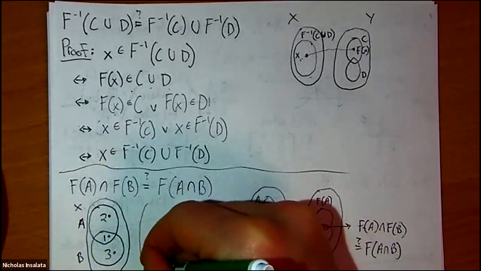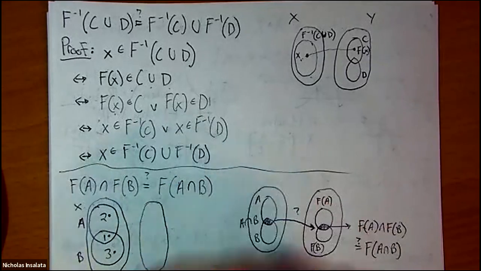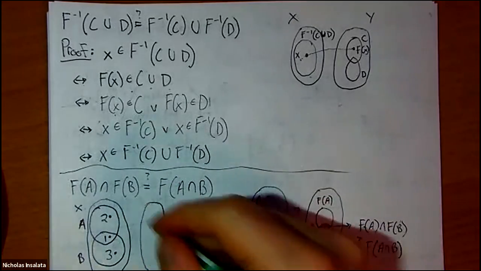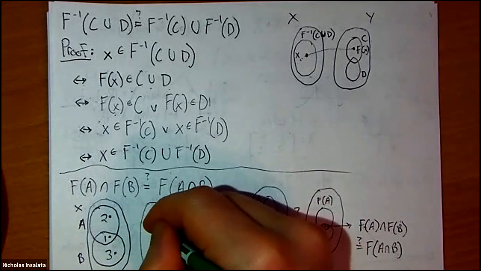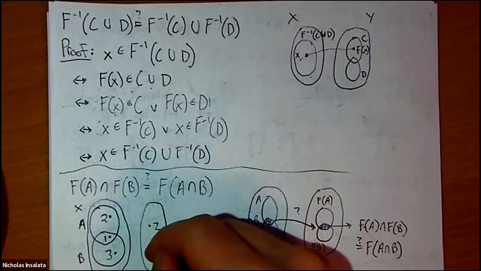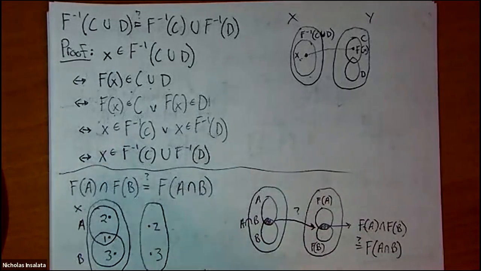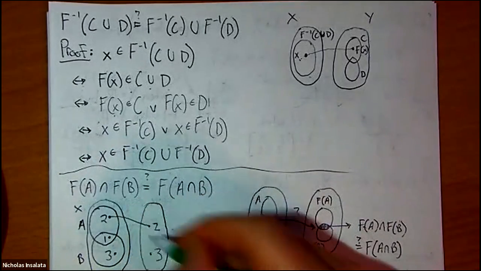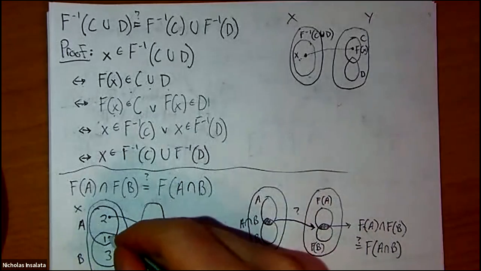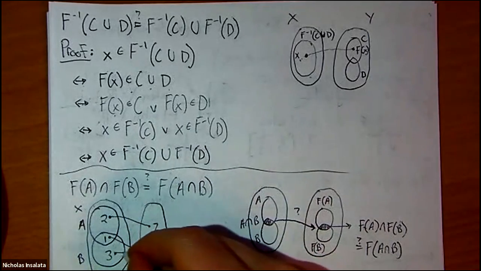Yep, okay. So we've got a 2 and a 3. 2 maps to 2, 1 maps to 3, and 3 maps to 3.